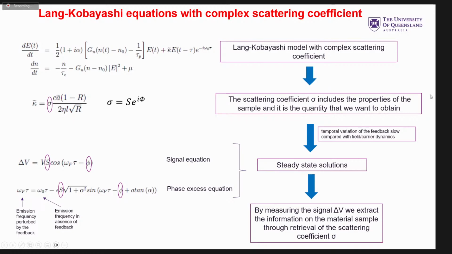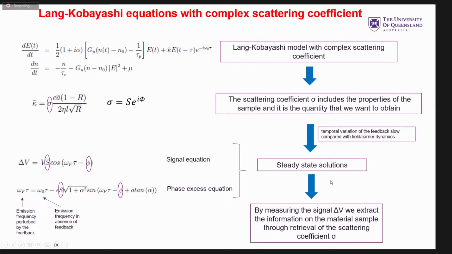Since the temporal variation of the feedback is slow compared to the field and carrier dynamics, which means that the oscillation frequency of the tip is slower than the typical carrier and field dynamics of the QCL, we can use the steady-state solutions of the Lang-Kobayashi model.